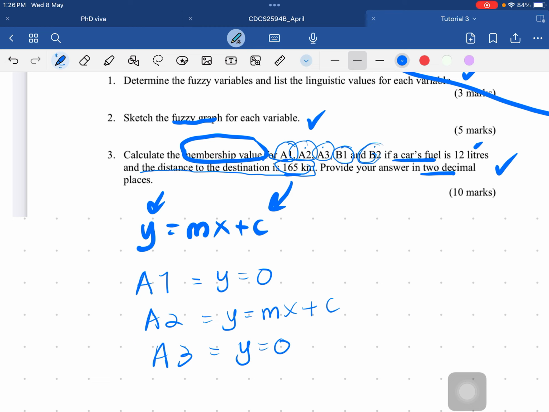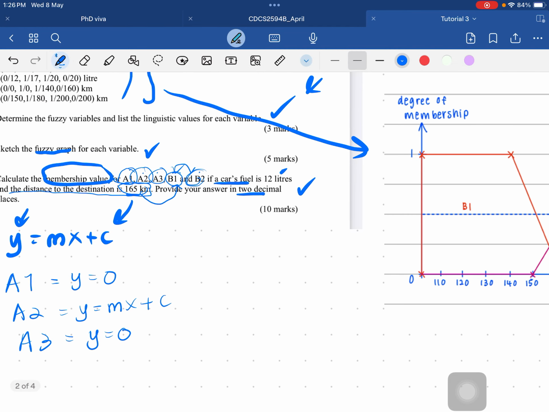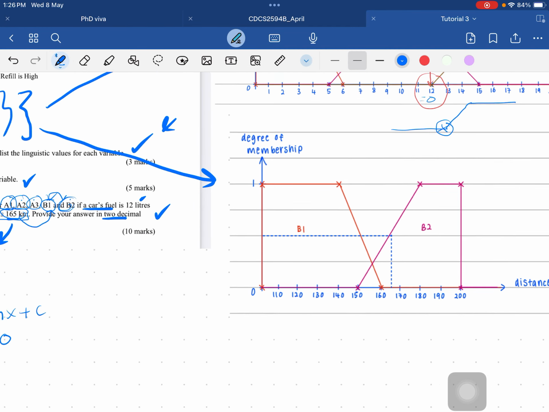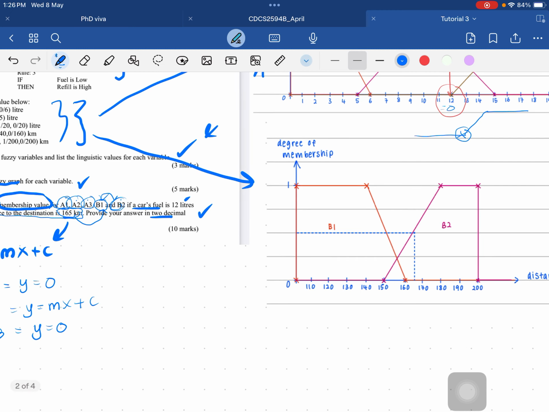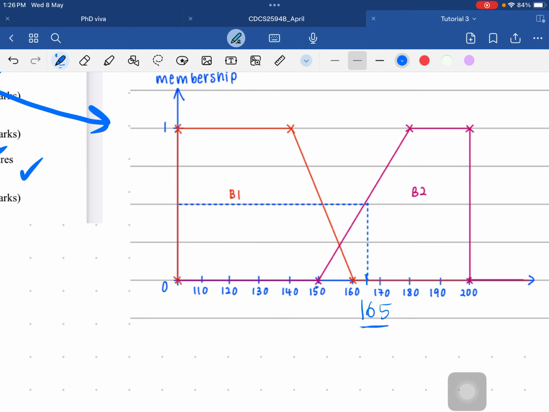But then 165 only falls at B1 and B2 only. So you need to look at graph B2. 165 should be somewhere around here. 165 should be around here.